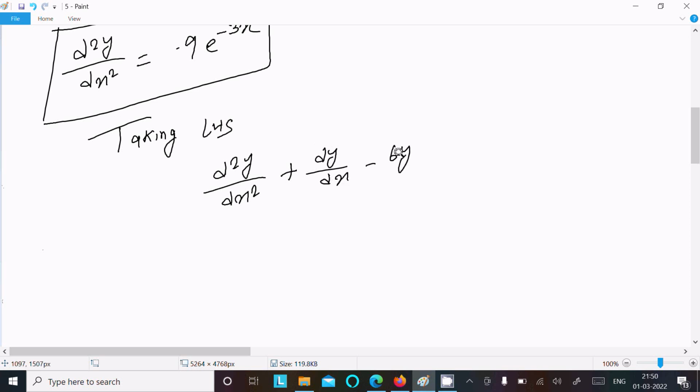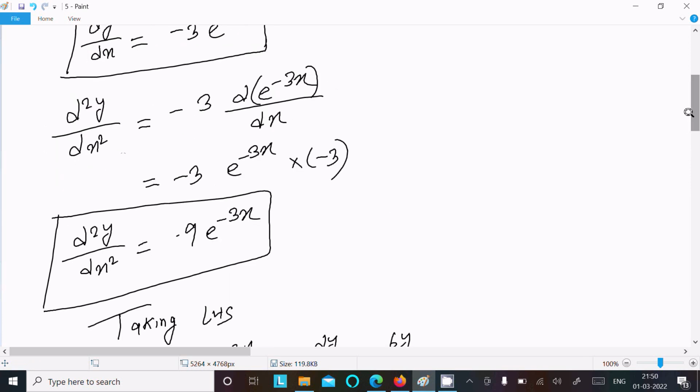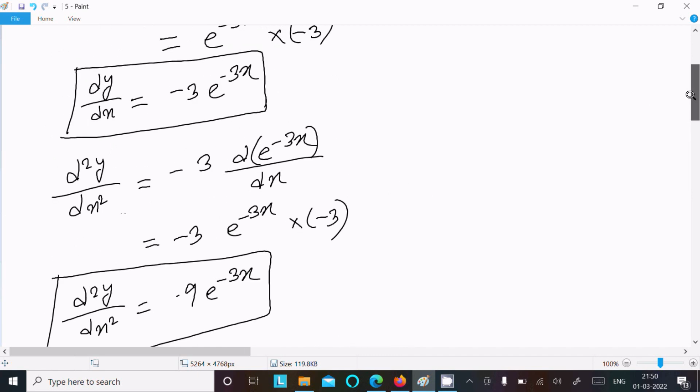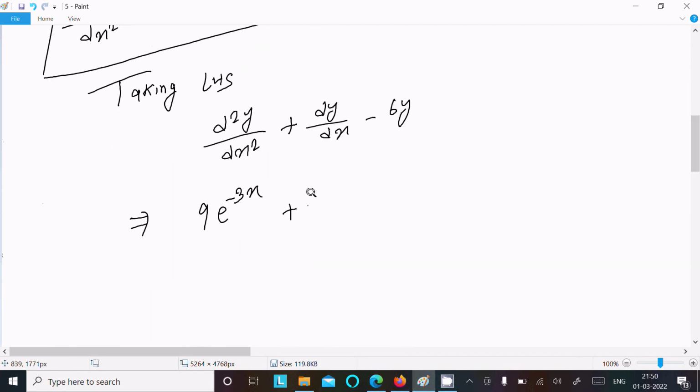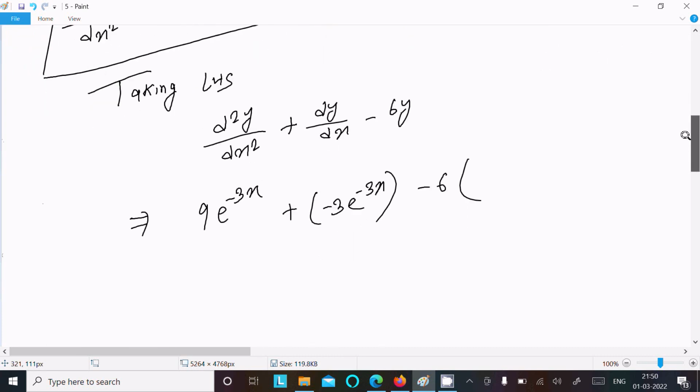So that should become equal to 0. Now here writing the value of the second derivative, 9 e power minus 3x. Then plus the dy by dx value, minus 3 e power minus 3x, and here minus 6 times the y value, e power minus 3x.